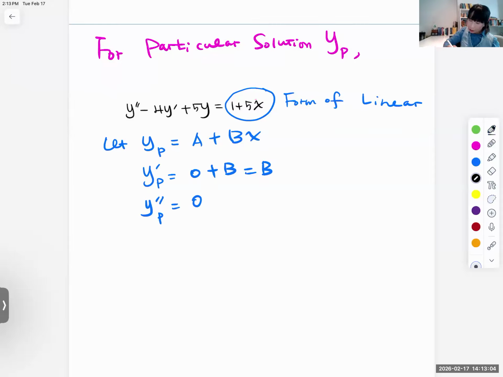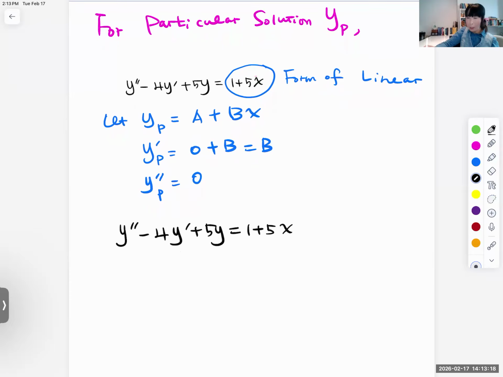Okay, now we have the form again. Let me rewrite. So we have y second prime minus 4y prime plus 5y equal to 1 plus 5x. Okay, let's substitute y second prime, which is 0, minus 4y prime, which is b, plus 5y, where y is a plus bx, equal to 1 plus 5x.